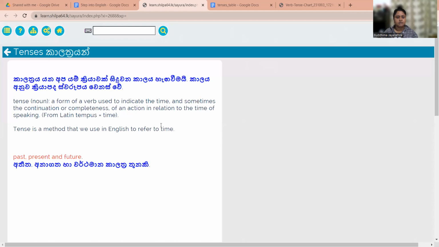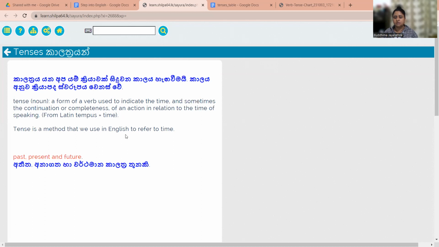So let me share my screen with you. And here you can see tenses, and in Sinhalese also the meaning is given. Actually, the noun tense comes from the term verb. A verb is used to indicate the time, and sometimes the continuation or completeness.